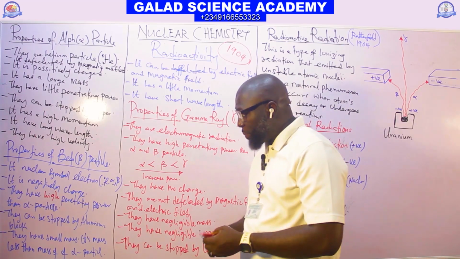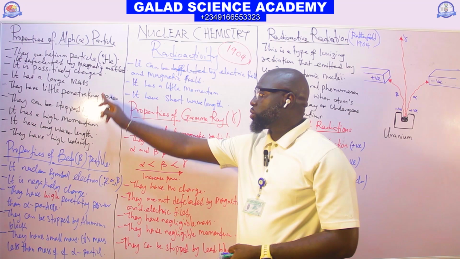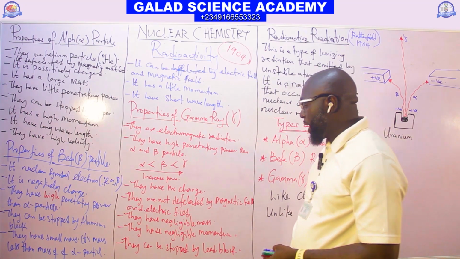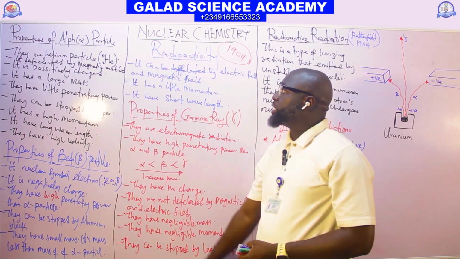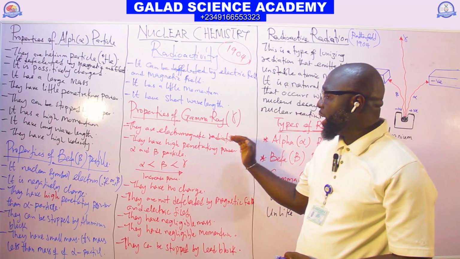Beta particle can be stopped by aluminium. Alpha particle can be stopped by paper. So these are the properties of gamma ray.